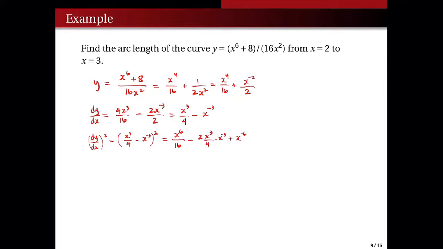Okay? Simplifying further, this is just x to the 6 over 16 plus x raised to negative 6, and then minus 1/2. Okay?